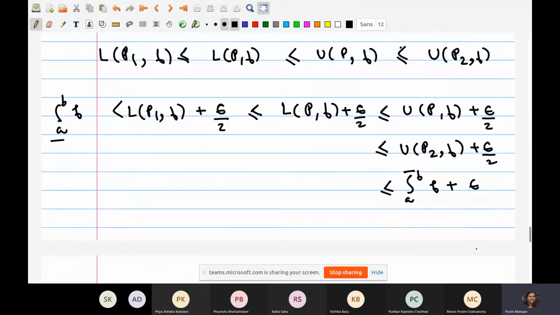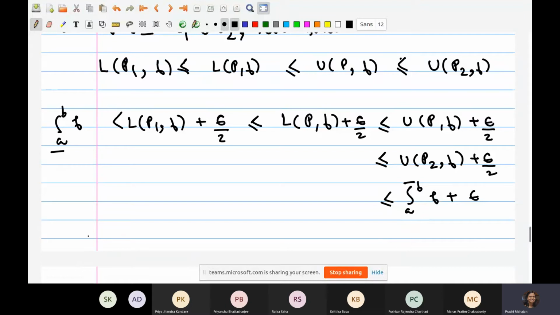So if you forget about the intermediate inequalities, then this gives that the lower integral of f and the upper integral of f satisfy the following inequality.